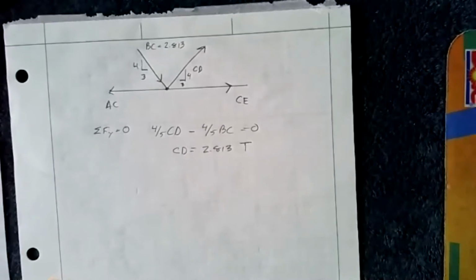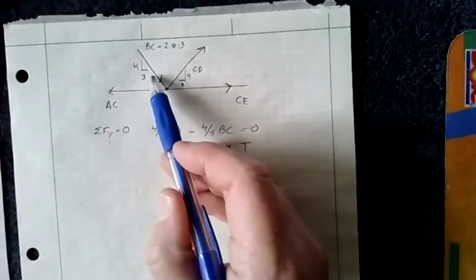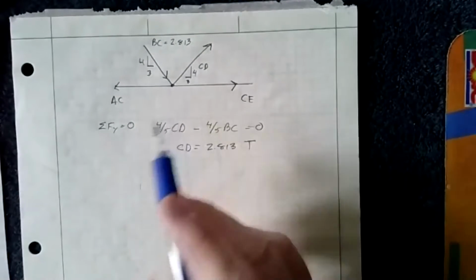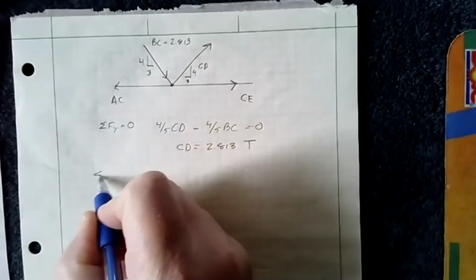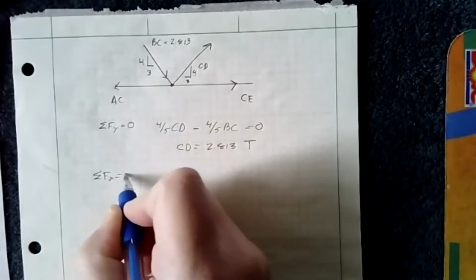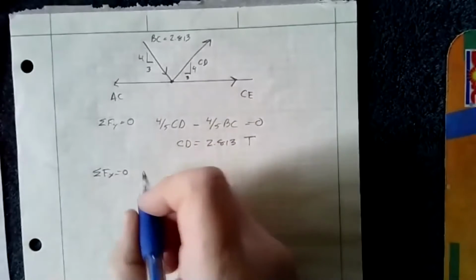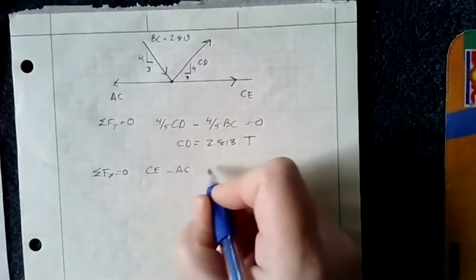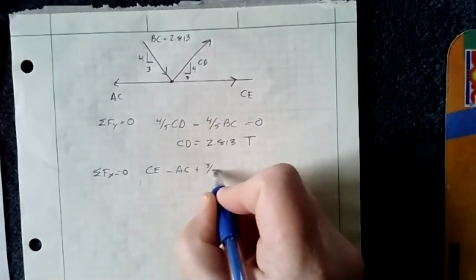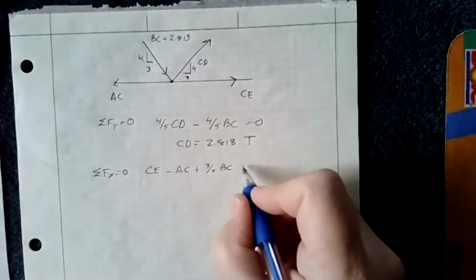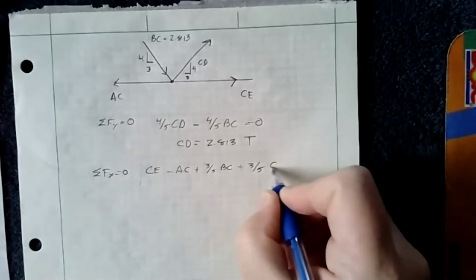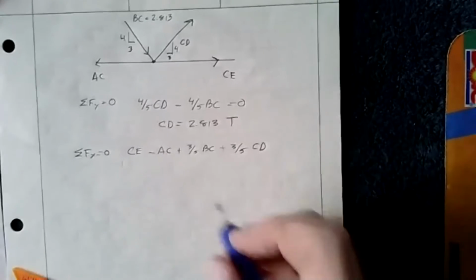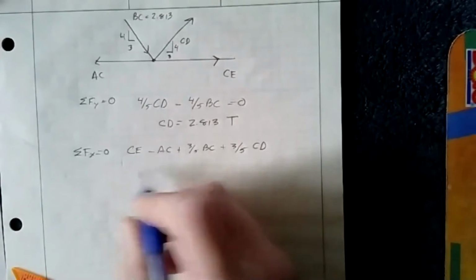Lastly, this is nice because I can solve directly for it, which means I'm not going to have two equations, two unknowns. So we sum the forces in the X to 0, and we get CE minus AC plus 3/5 BC plus 3/5 CD equals 0.